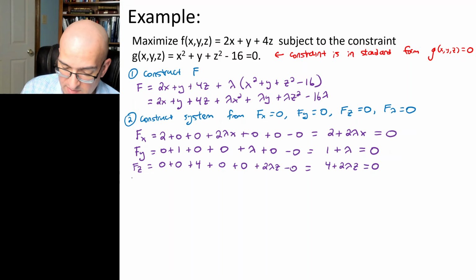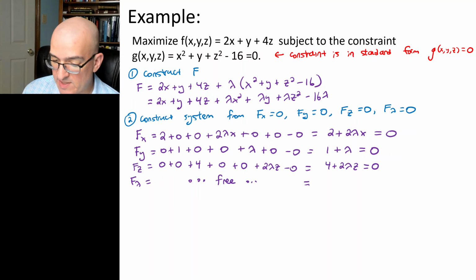And then the last one, we set F sub lambda equal to 0. This is free. We always get the constraint, so we get x squared plus y plus z squared minus 16 is equal to 0.